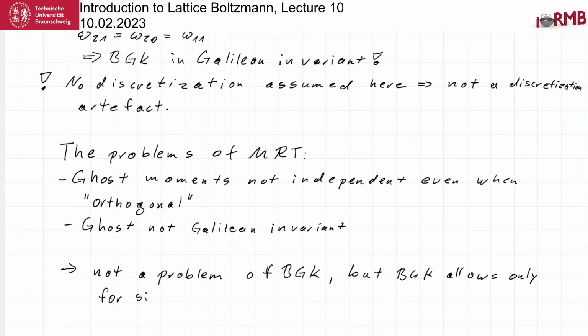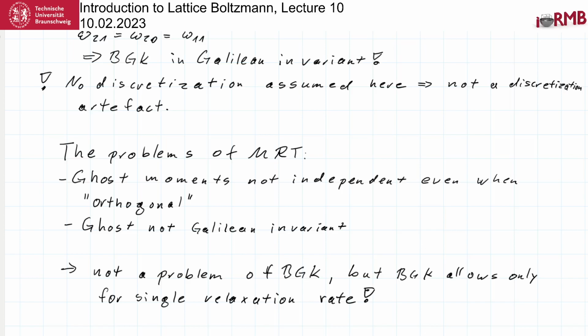I did not discuss this in detail, but physically this would mean that the ratio of heat conductivity and viscosity would always be 1, which in reality is not the case.